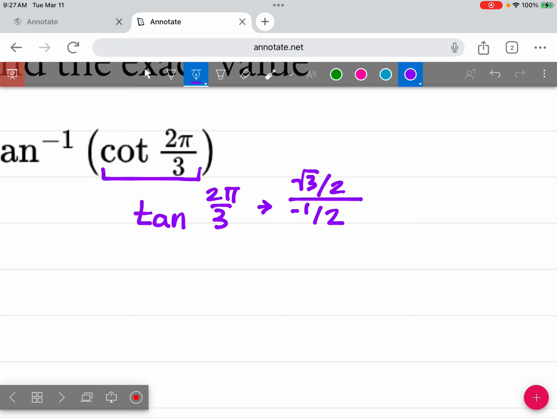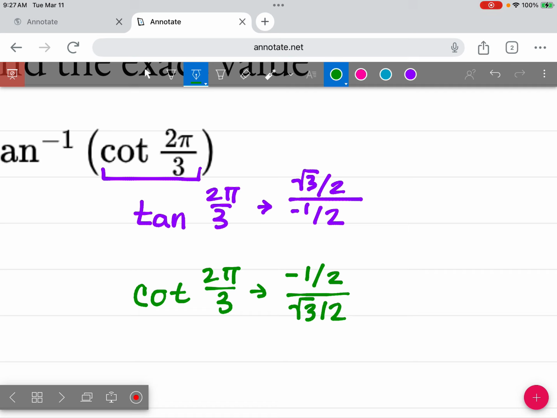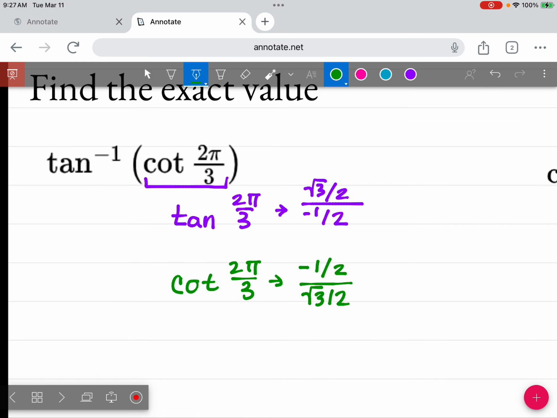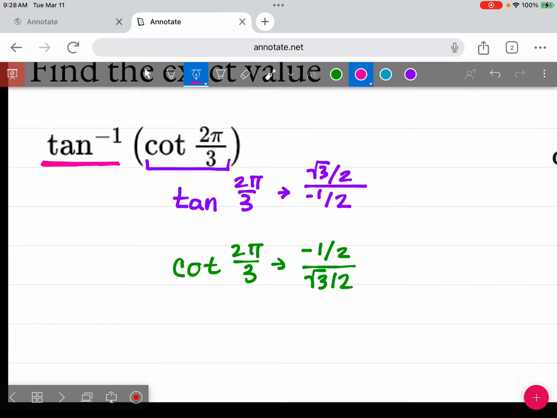So that means our cotangent of 2 pi over 3 is negative 1/2 over root 3 over 2. And we absolutely could simplify this. But since I'm doing an inverse over here, I'm going to keep it unsimplified so that it's easier for us to spot things.